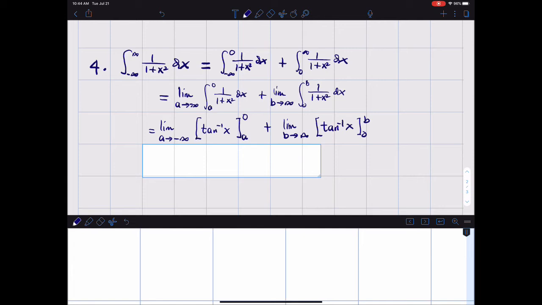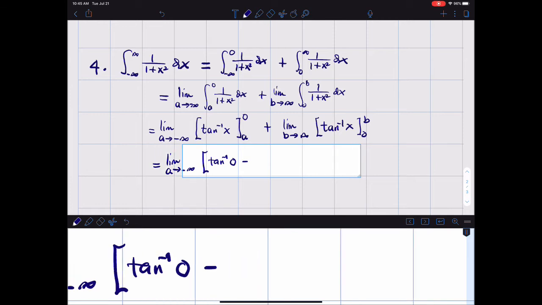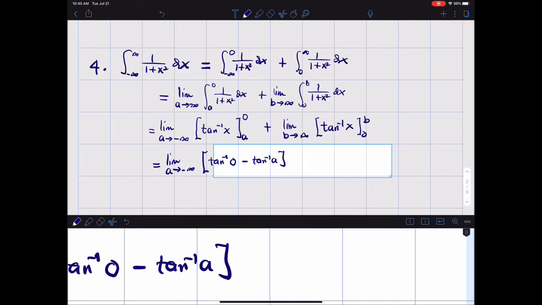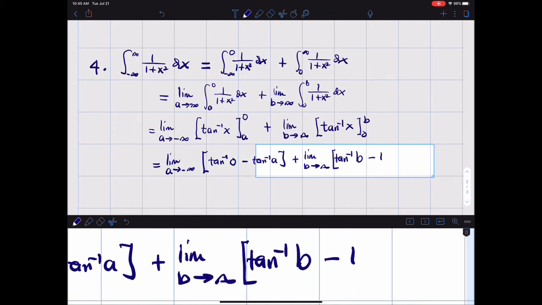All right, so we're going to do the limit as a goes to negative infinity. If you plug in 0 and you plug in a, the inverse tangent of 0 is 0, and then you have minus the inverse tangent of a, plus the limit as b goes to infinity of the inverse tangent of b minus the inverse tangent of 0, which is 0.